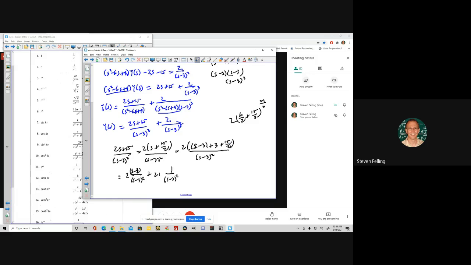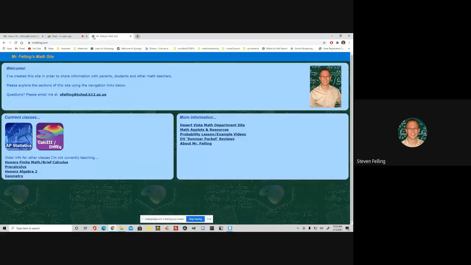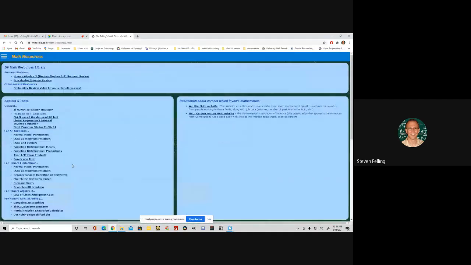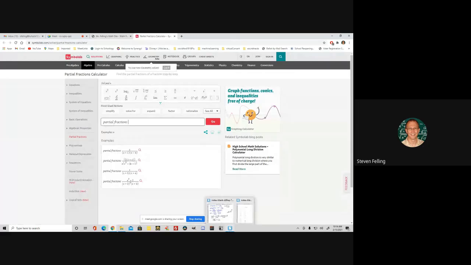Yeah, okay. Let me show you something you could do. If you don't like this plus and minus business, you should be able to also do this with a partial fraction calculator. So if you go to the mrfelling.com site and go to the applets and resources, you should be able to use a partial fraction expansion calculator. And I realize now that I have a mistake in my key here. I wrote 5 when it should have been 15.